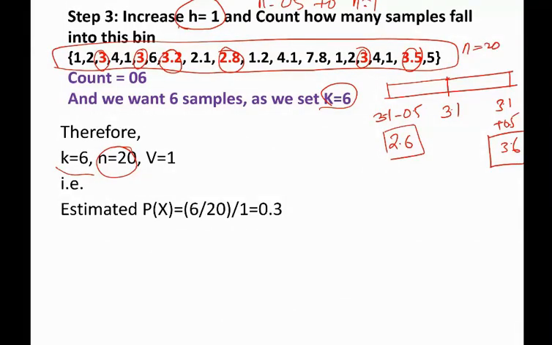Now volume here is 1 because my window size is 1. Okay, so estimation of P of x at 3.1 is 6, number of Ks, divided by 20, that is number of samples, divided by volume, so that is 0.3.